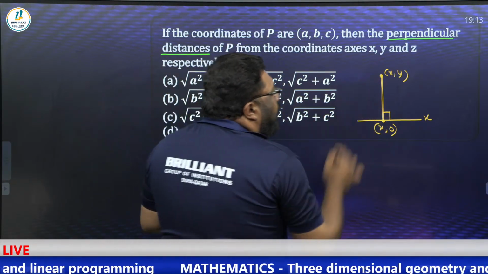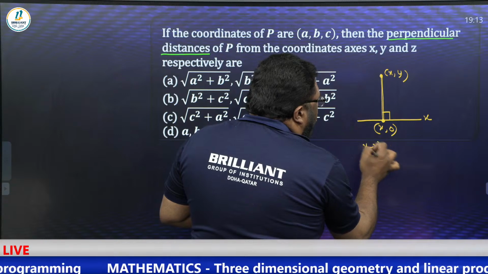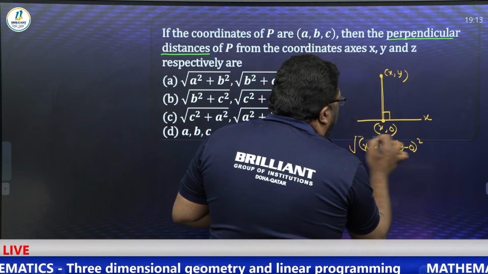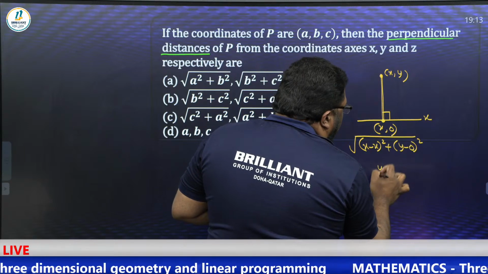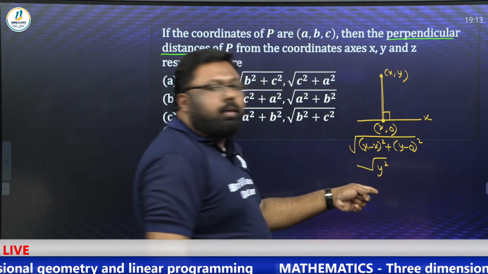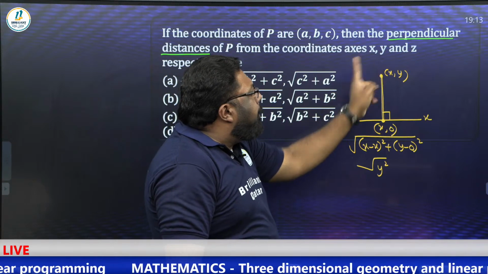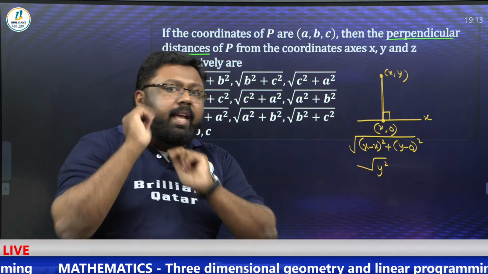So the distance would be what? Square root of x minus x squared and y minus 0 squared. So it is actually square root of y squared. Correct? So you are measuring the perpendicular distance from a point to x-axis in 2D geometry.